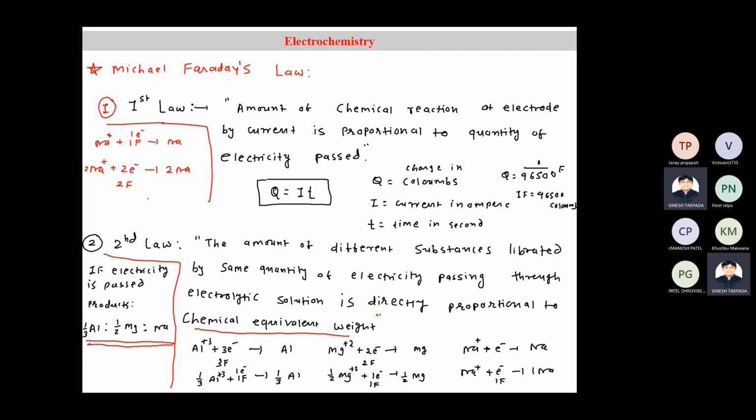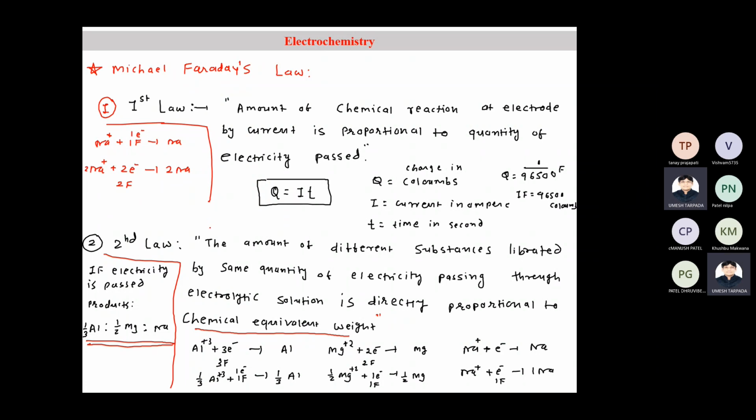But in the second law, we change the electrode and then measure the effect. We are taking different electrodes and passing the same quantity of current in all these 3 different solutions.